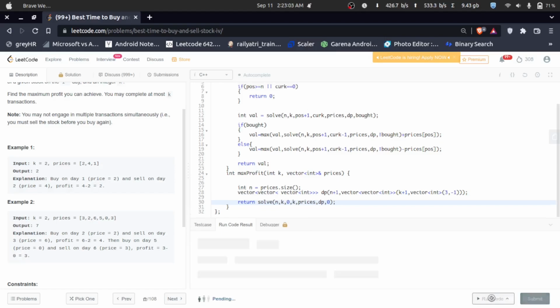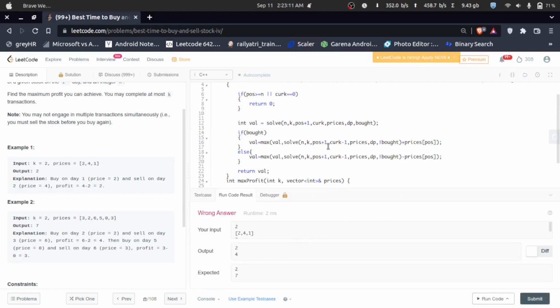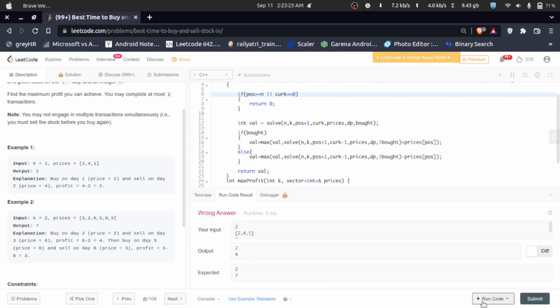Let me check that. Then after that I'll, okay, 2 and 4, less than or equal to. Hold on. That is 1 current k.